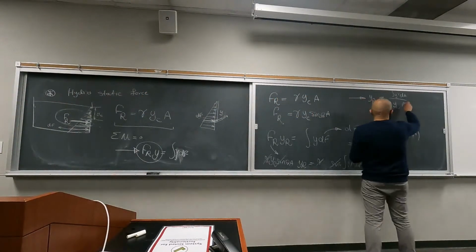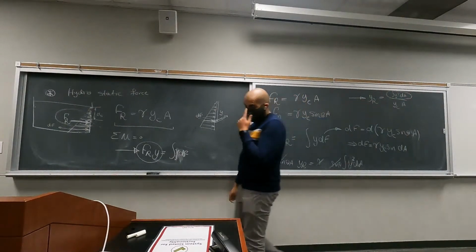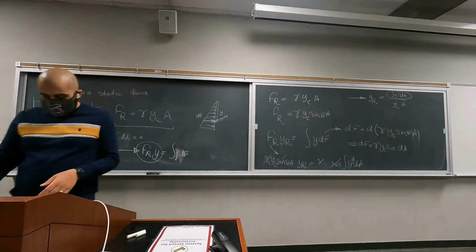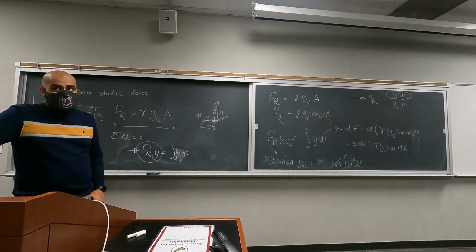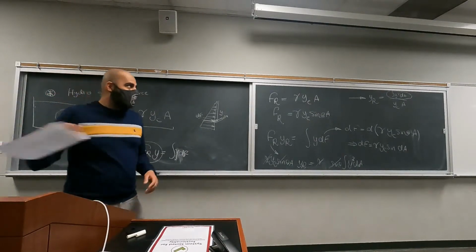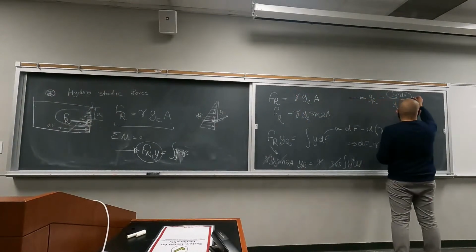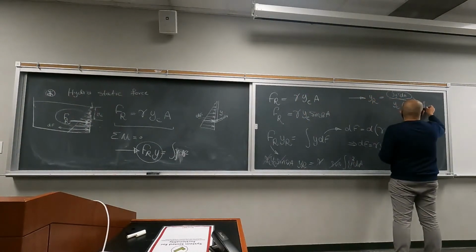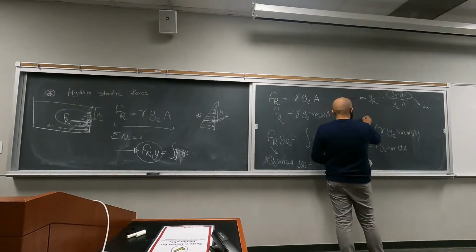What does this integral remind you of? This is the second moment of area, or moment of inertia, that you probably have seen in your statics and solids. So this is I_x.